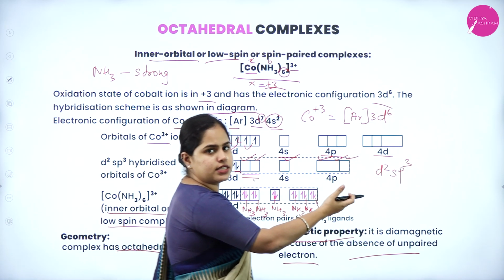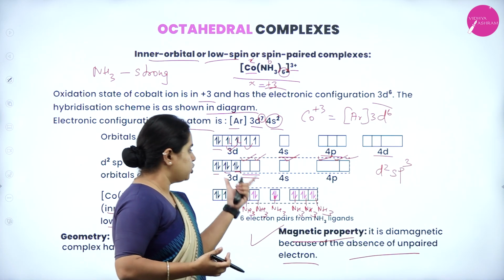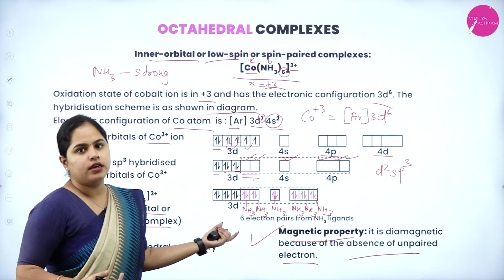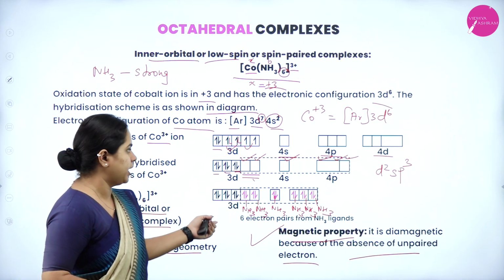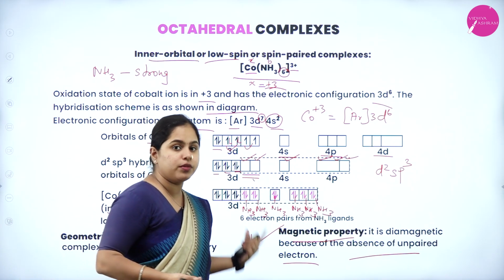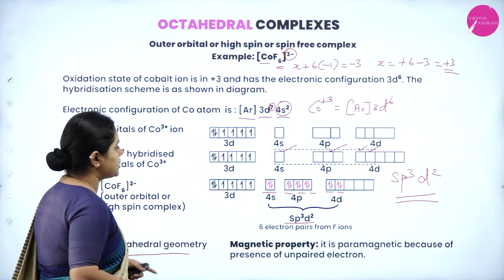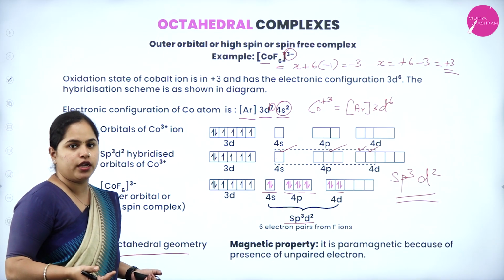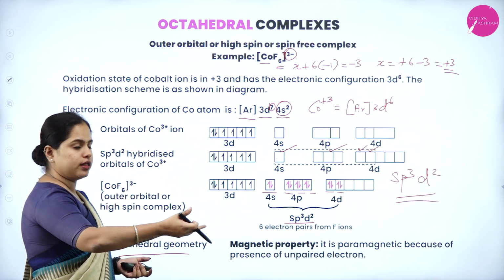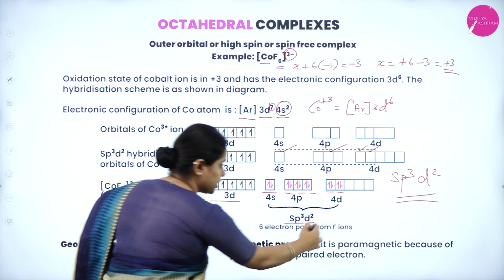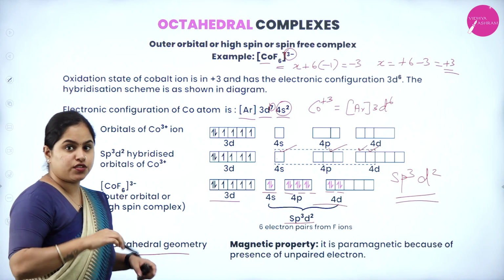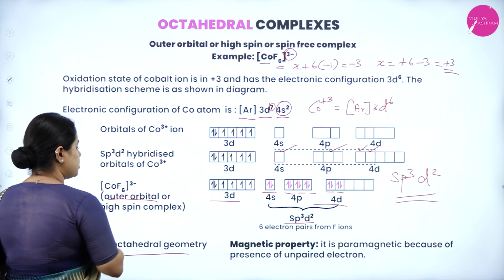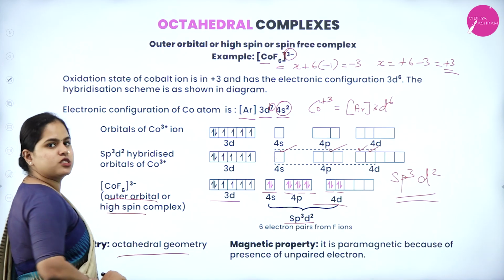We did not even consider the outer d. We did not take from 4d, we took from the inner orbital itself. But in this case, from where did we consider the 2 d orbitals? It was from the outer d. That is not from 3d, it is from 4d, right?